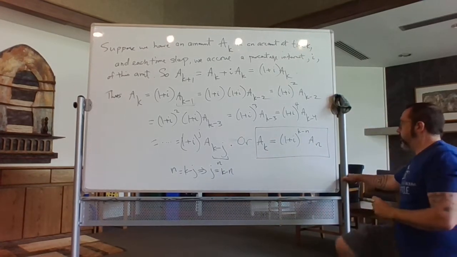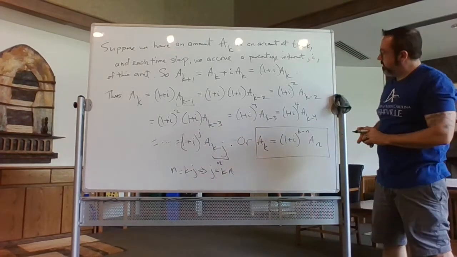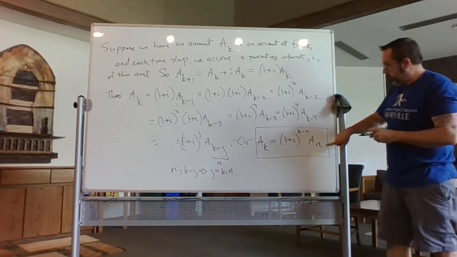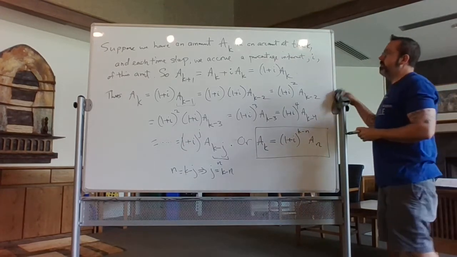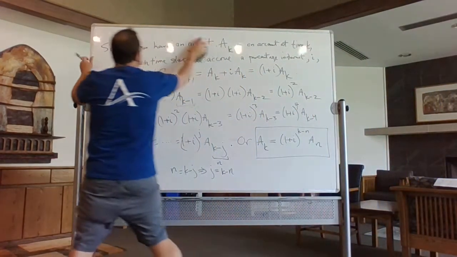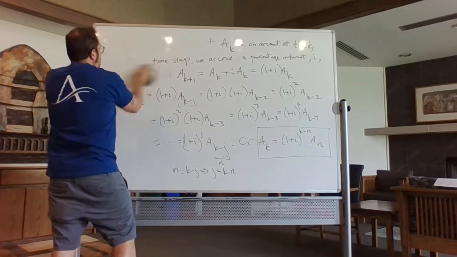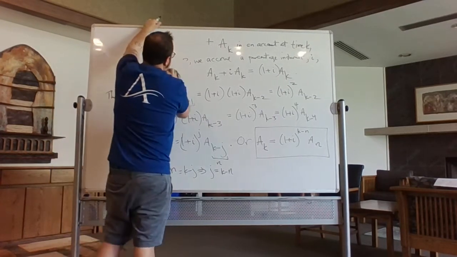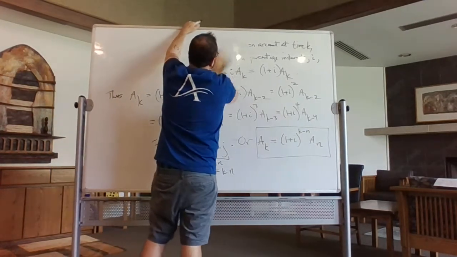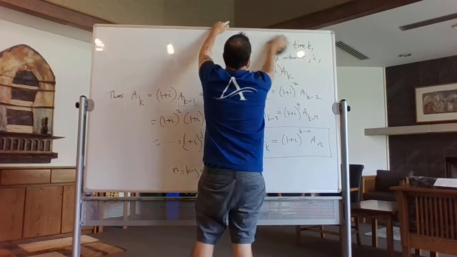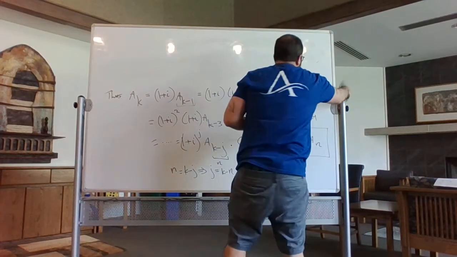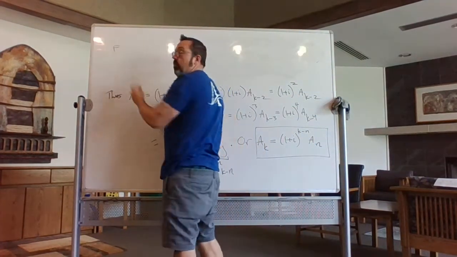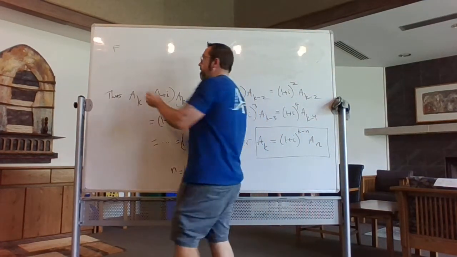And that formula is sometimes more handy because it tells us the current amount based on some fixed time step earlier. So for example, that's not coronavirus, by the way, I've got seasonal allergies.